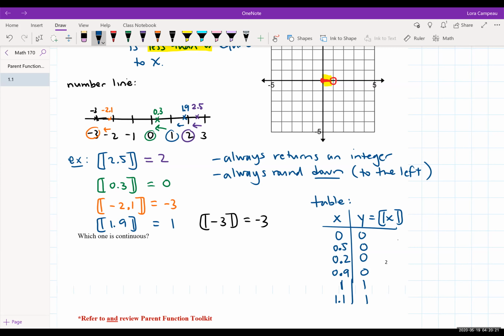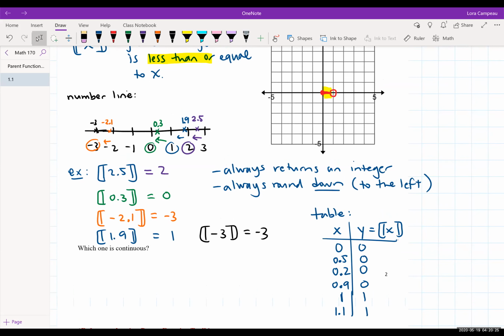If we were looking at the next piece, starting at 1, we would have 1 maps to 1. But if we have 1.1, we're rounding down. If we have 1.5, we're rounding down, and we're looking at another copy of this open circle, closed circle business.